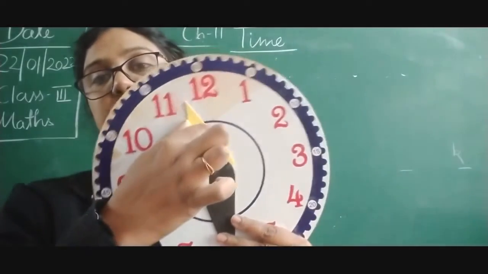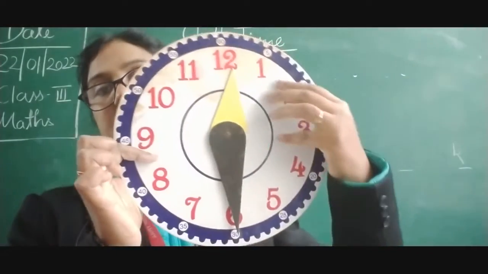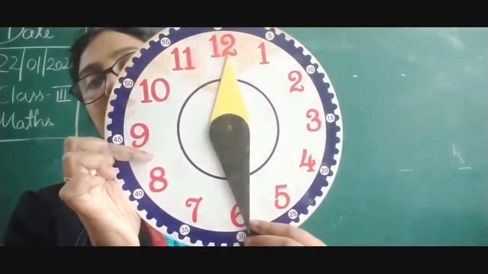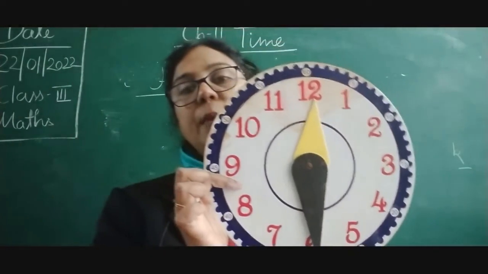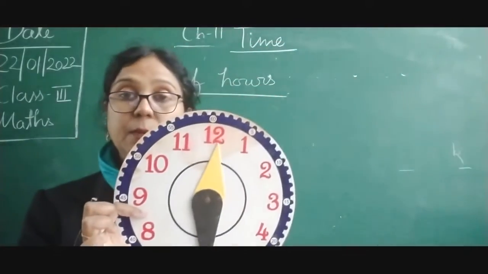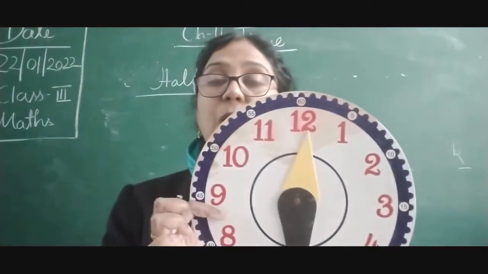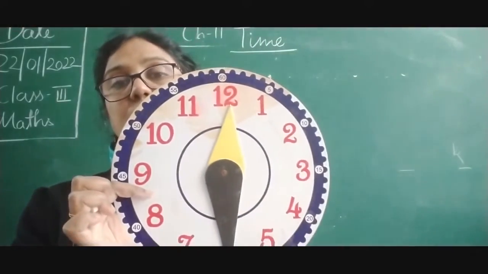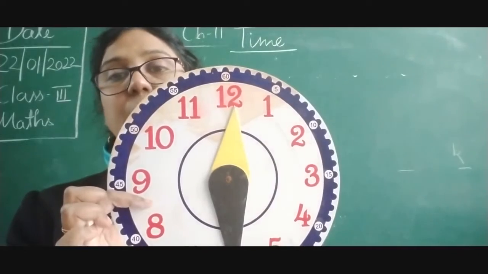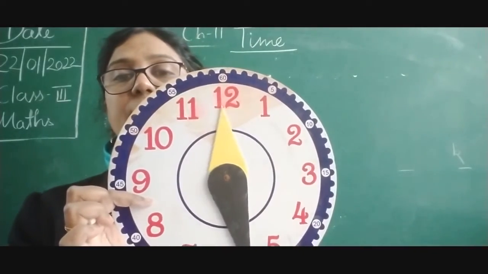Suppose the shorter hand is at 12 and the bigger hand is at 6. So it will become 12:30, half past 12. This is the way we can say it.